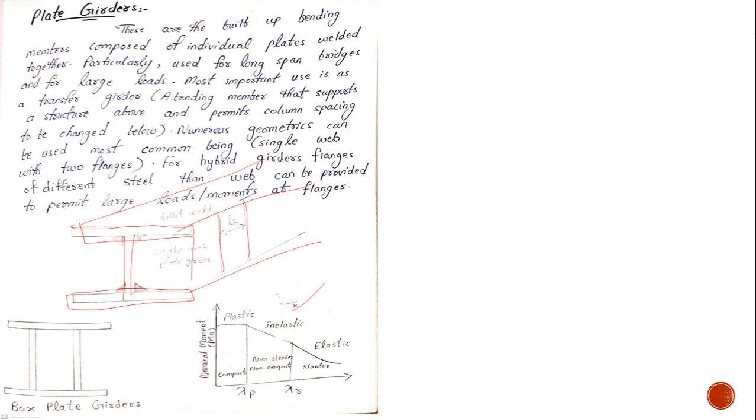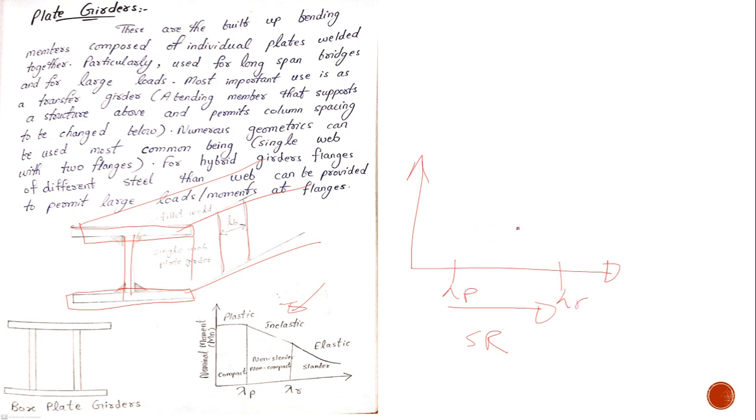This figure is very important because it tells us about the slenderness of our plate girder. The x-axis depicts the slenderness ratio, and we have to find two values, lambda p and lambda r.